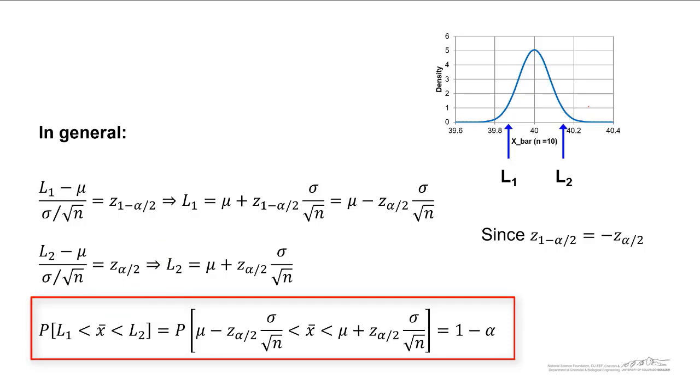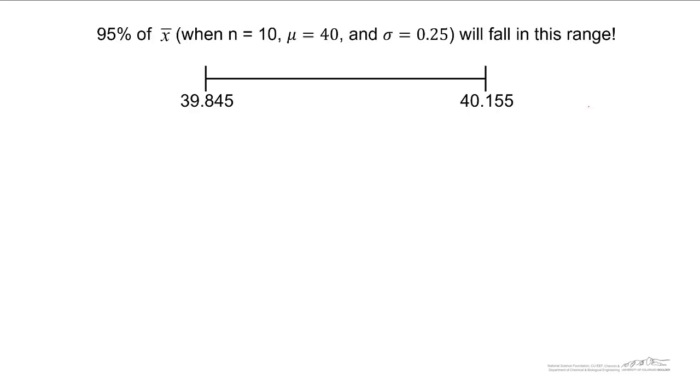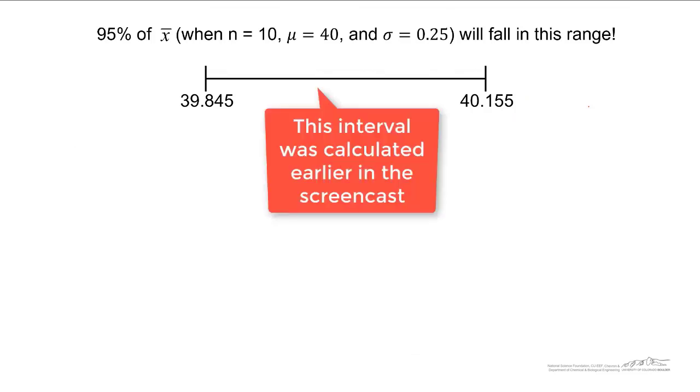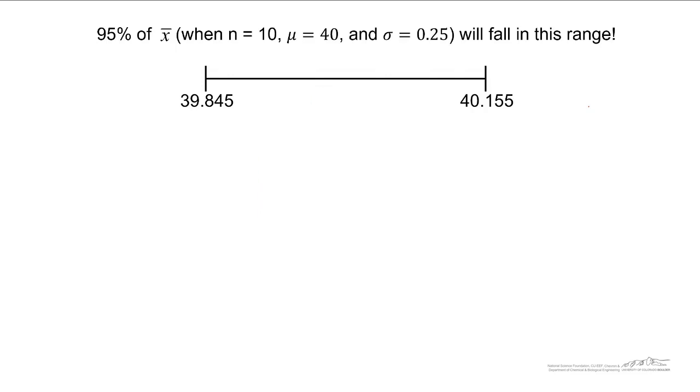In other words, if we knew the true population mean, and we either knew or could get a good estimate of the population standard deviation, we could be 95% sure that a random sample of 10 items will have an x bar, a sample average, between these two limits. In other words, 95% of x bar will fall between 39.845 and 40.155, assuming that the population mean is 40.